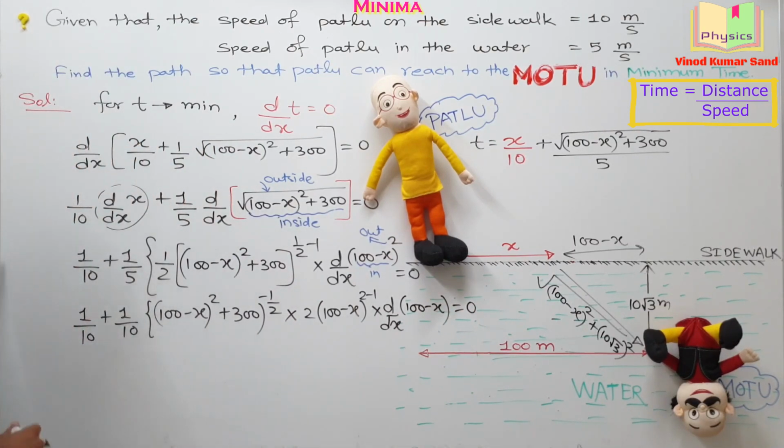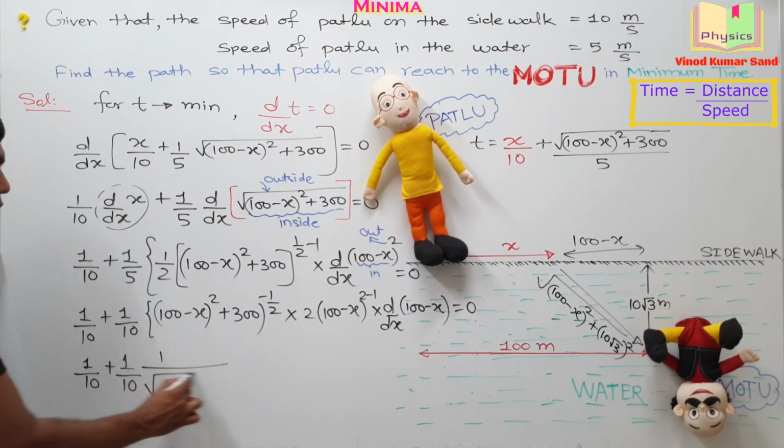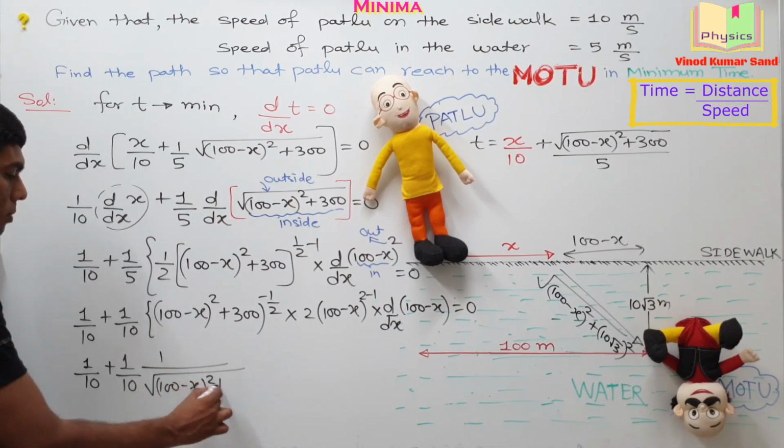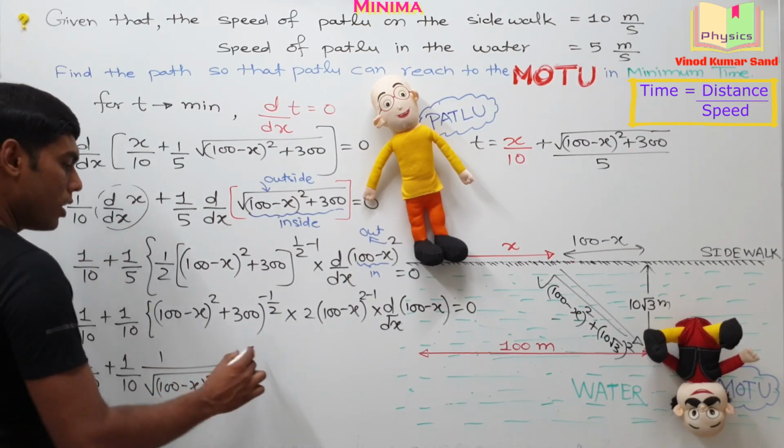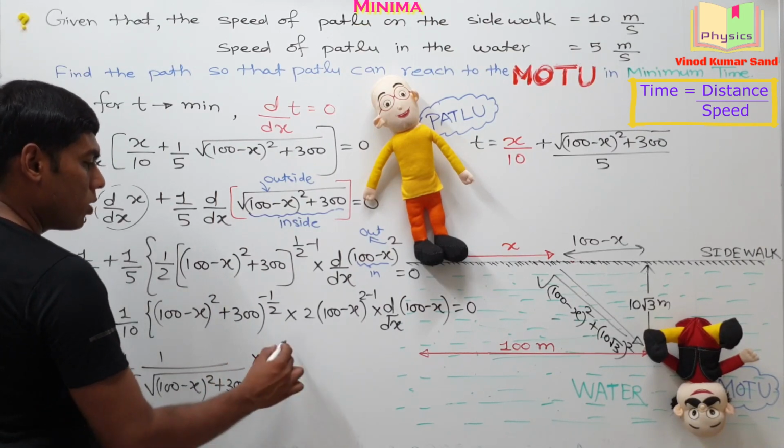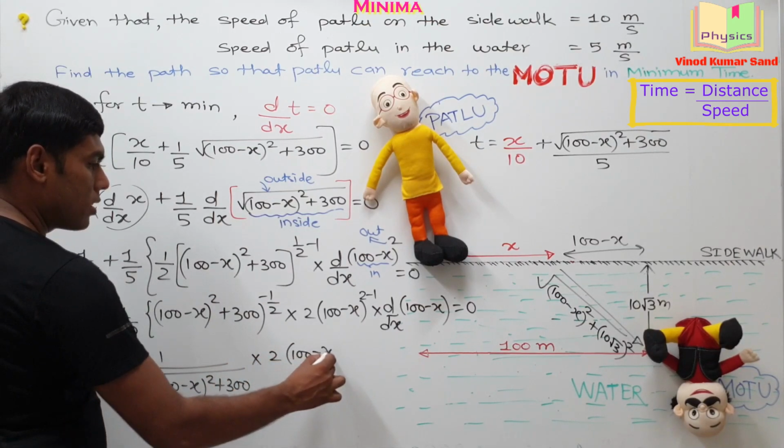Agree? Computing it further, 1 by 10 plus 1 by 10, and this will become 1 by root of (100 minus x) whole square plus 300, into 2 into (100 minus x).